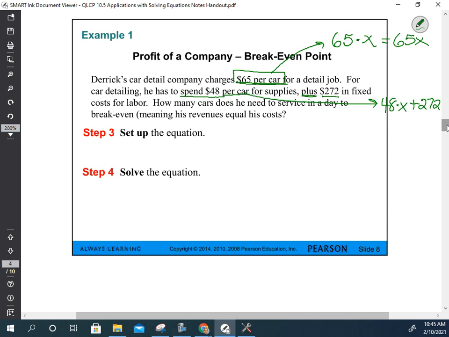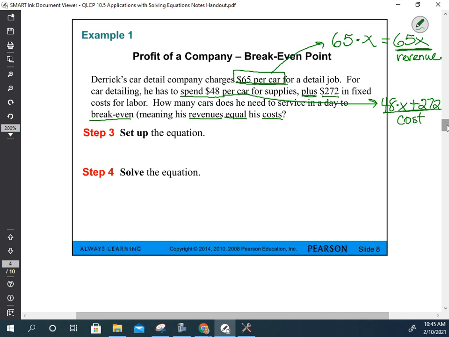How many cars does he need to service to break even? Break even means revenue equals cost. How much is he making? $65 per car. There's his revenue. 48x plus 272. Here's his cost.